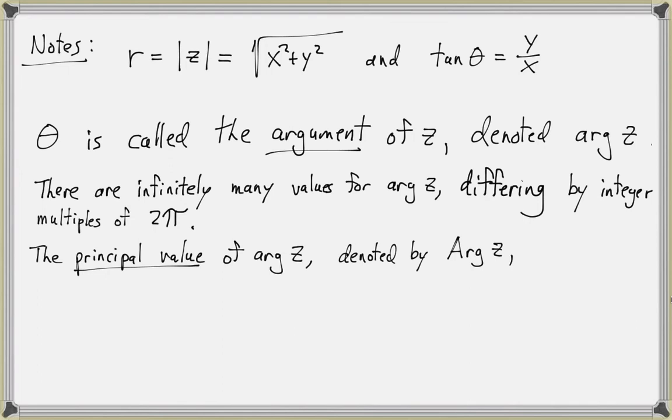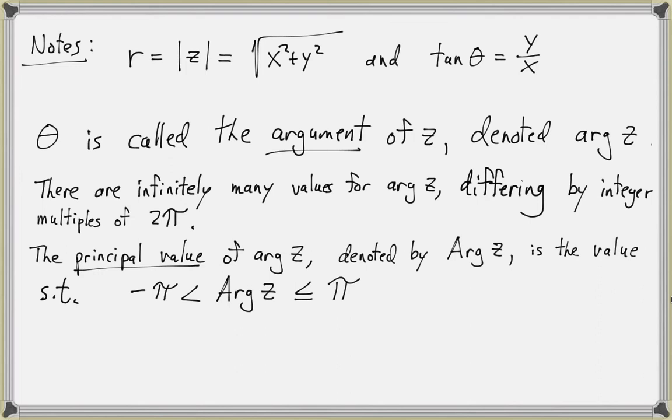And this is going to be the angle measure that is between negative pi radians and pi radians. So capital Arg, the principal value of argument of z, is the value such that argument of z is greater than negative pi and less than or equal to pi.